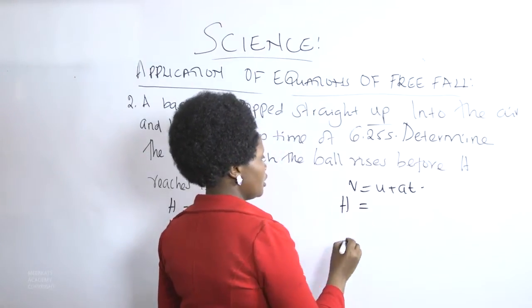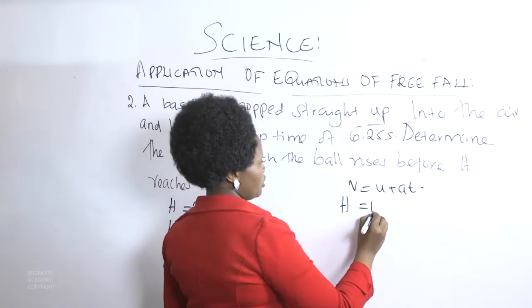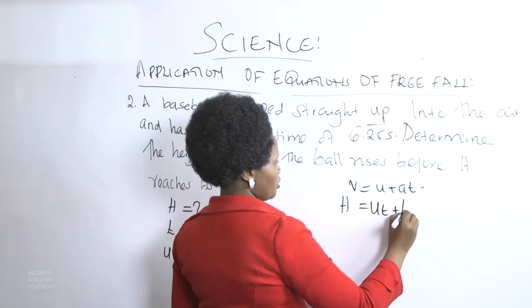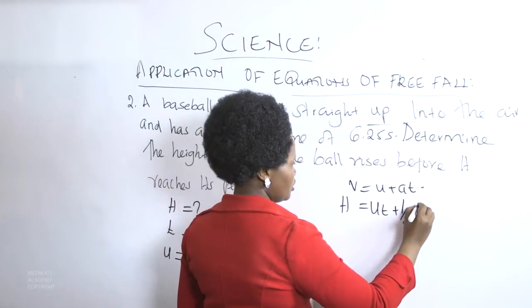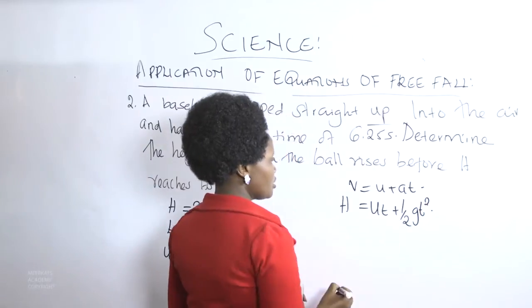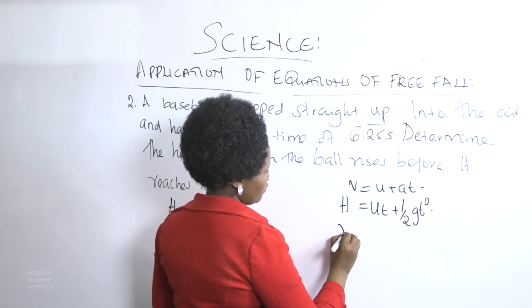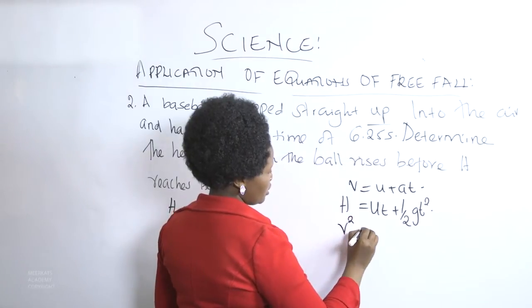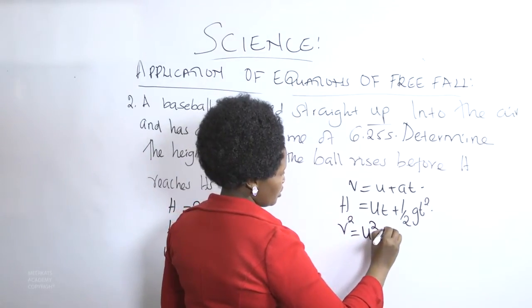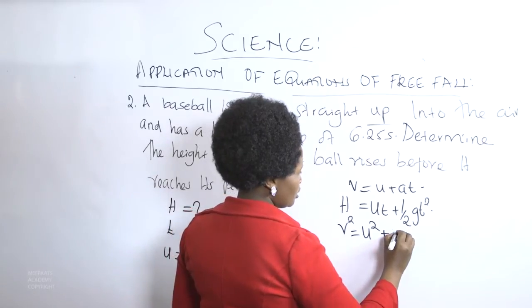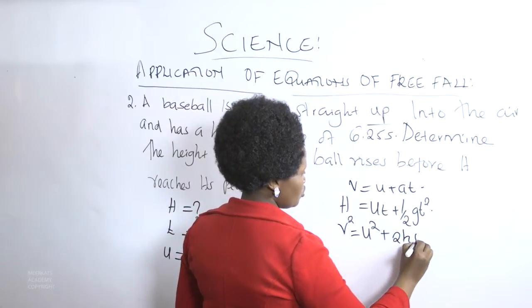Number 2, h is ut plus a half gt squared. And the third one, v squared is u squared plus 2hg.